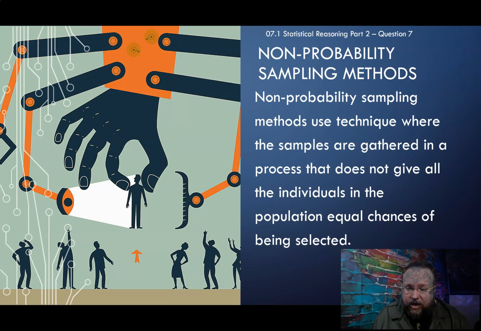Now, in the majority of cases when it comes to science, probability sampling will be the better choice. But if you're in the beginning just trying to get a sample, to get an idea to maybe build up a correlation before you go past this, then maybe non-probability sampling will be a first step so you're not spending too many resources or too much time or budget on what you're looking into.